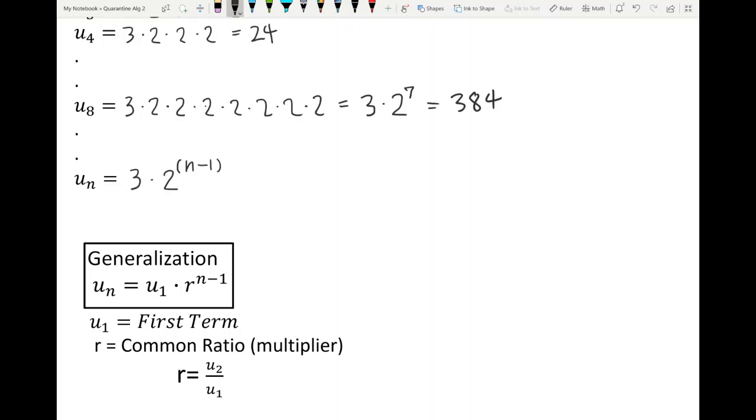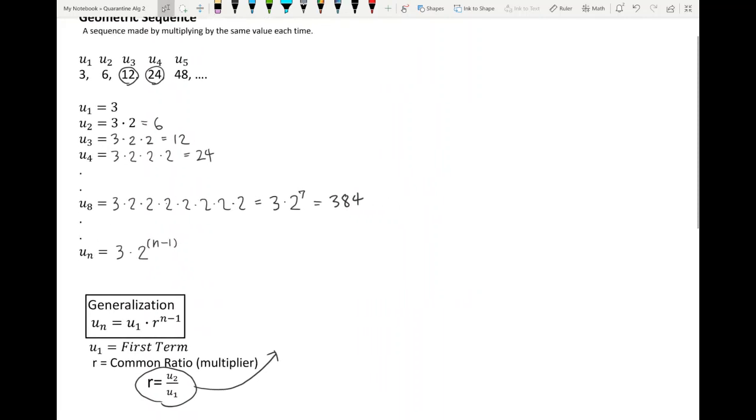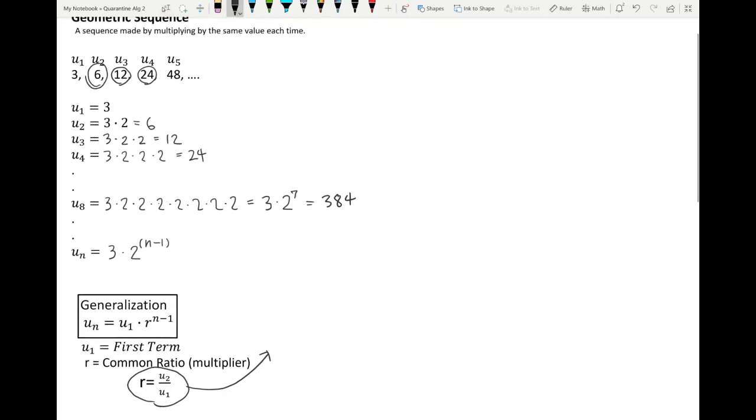Now here's a little trick that you can use to find r when it's not obvious. All you need to do is pick a number and divide by the previous number. For example, for the sequence that we've been using, let's say we pick 6, and then you pick the number previous to it, which is 3.